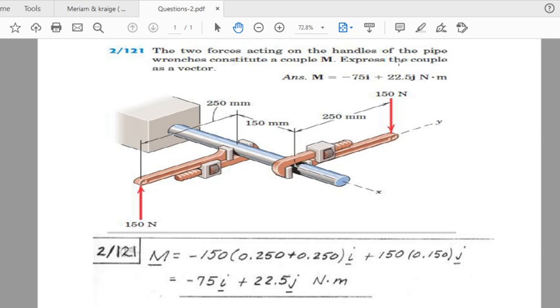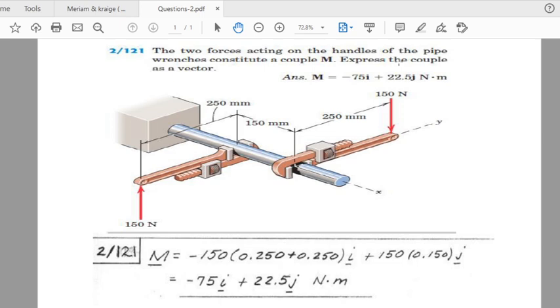When we subtract the coordinates of the point on the upward 150 Newton force from the coordinates of the point on the downward force, it is going to be 0, 250, 0 minus minus 150, minus 250 and 0.